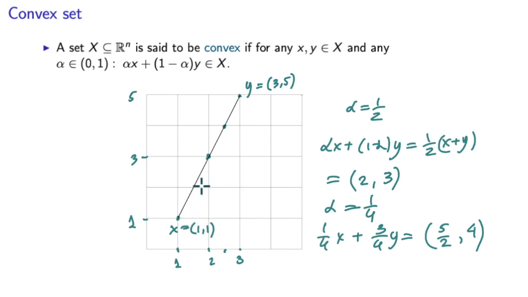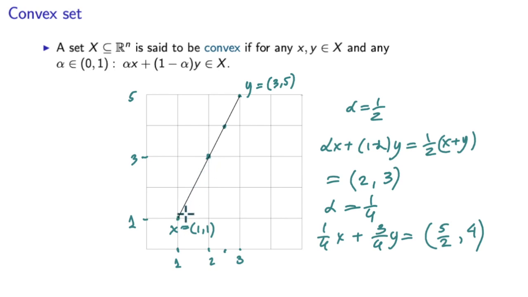Any point on this line segment can be described by some alpha within the interval 0, 1. So the higher the value of alpha, the more weight you give to the point X, and the less weight you give to the point Y. Which means that if, let's say, alpha is greater than 1/2, then your point will be located within this part of the interval.